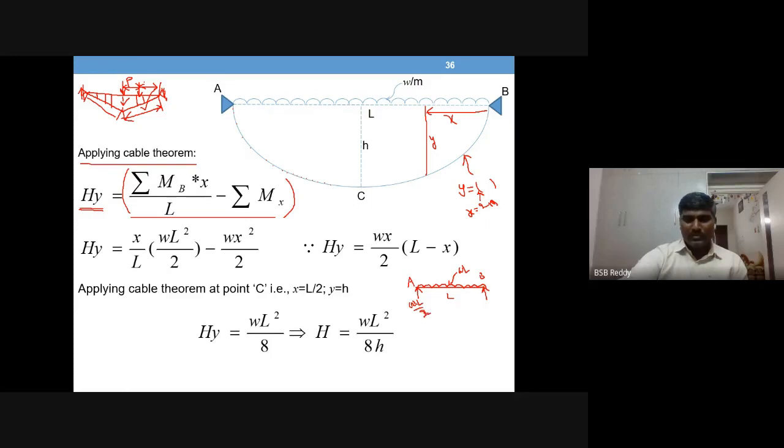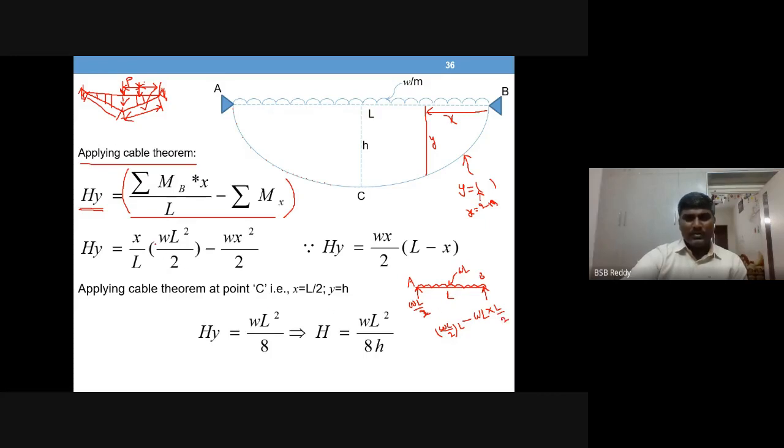If you take moments about B, RA, that is WL by 2, into L, clockwise or anti-clockwise positive, whichever you take, minus W into L, the UDL, into L by 2, the distance.